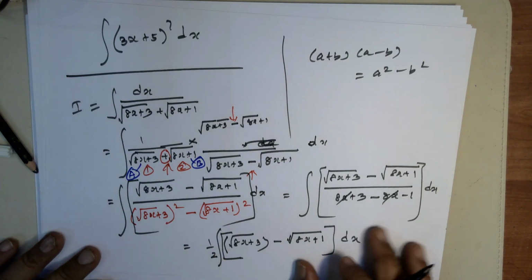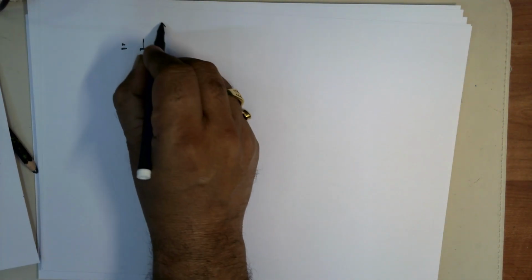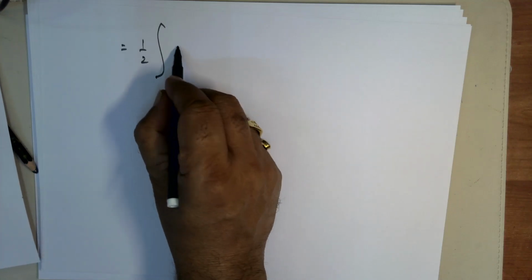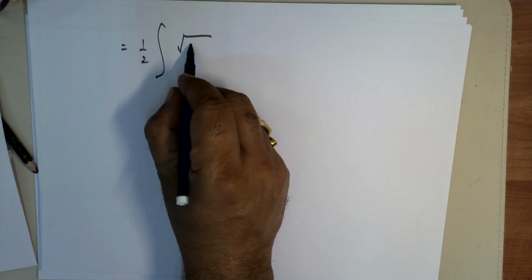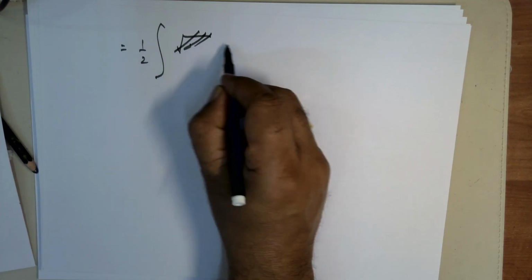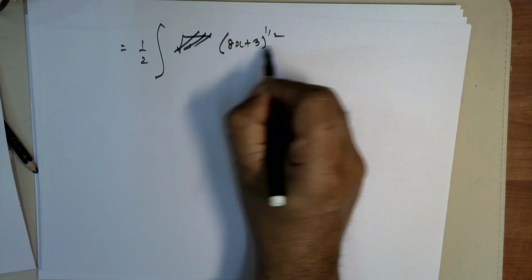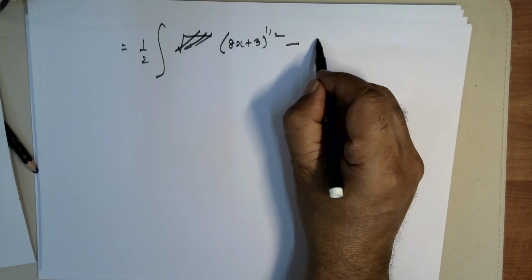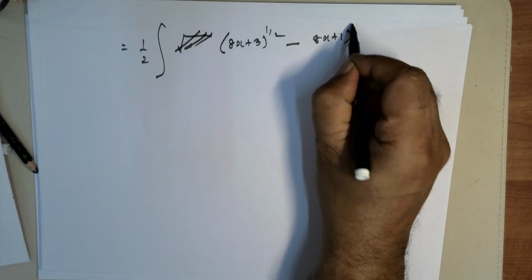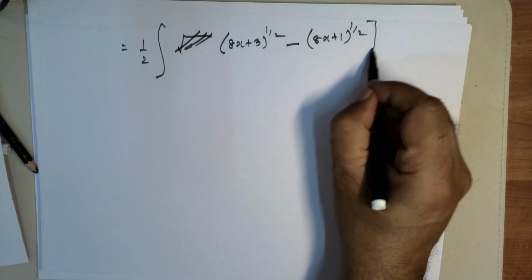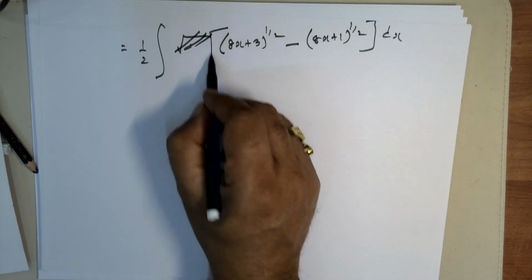And we know how to deal with this. For example, 1 by 2 into the integral, this root of (8x plus 3) can be converted into (8x plus 3) power 1 by 2, minus (8x plus 1) whole power 1 by 2, of dx. Got it? Now we can split the integral.